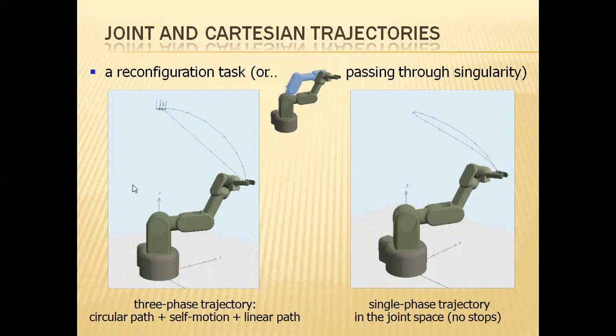Joint trajectories mean different skew motions will be erased, different curvilinear positions will be allayed, circular motions will be allayed, and even linear motions will be allayed. A single phase trajectory, in the sense of only the joint space conditions, because there will not be any intermittence between the source point and the destination point. There will not be any stops clearly specified in the picture also.